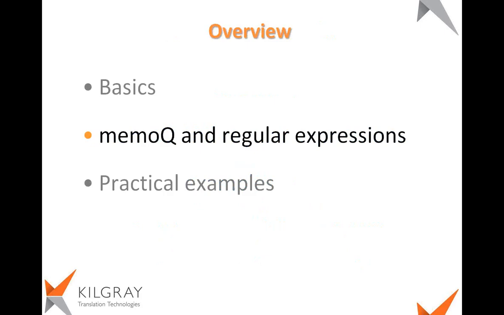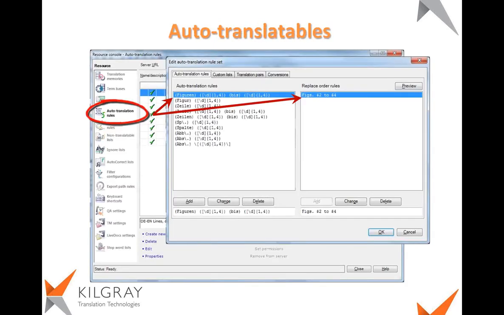And there are lots of different parts of MemoQ that use regular expressions and benefit from it. The first one would very obviously be auto-translatables. That's a set of settings that you can use in your projects to automate the translation of strings, measurements, units. You will see that that one is really extremely complete, and you can do a lot of translation automation in your project.